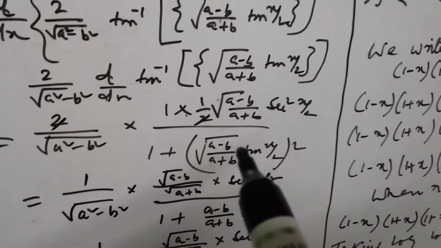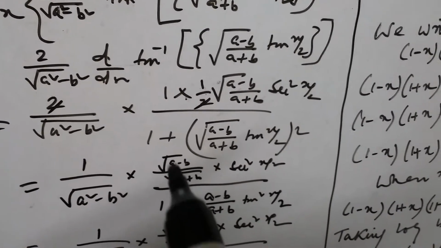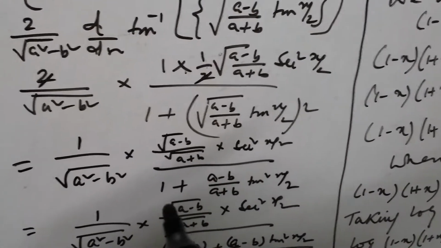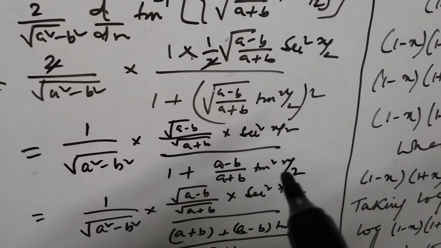Then cutting, we get 1 by root a square minus b square, root a minus b by a plus b, sec square x by 2 over 1 plus a minus b by a plus b tan square x by 2.